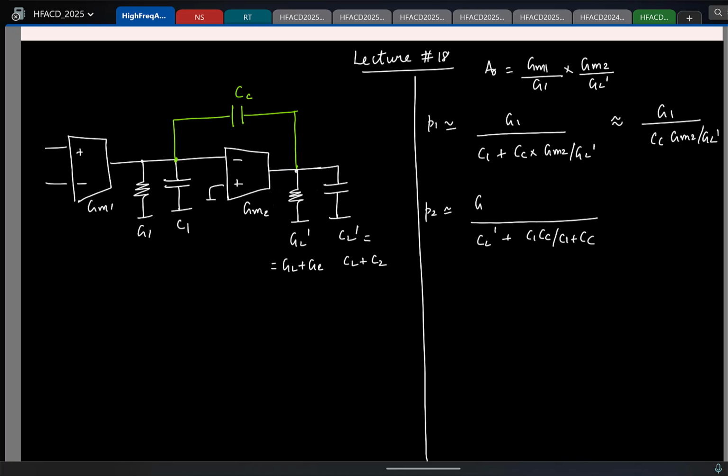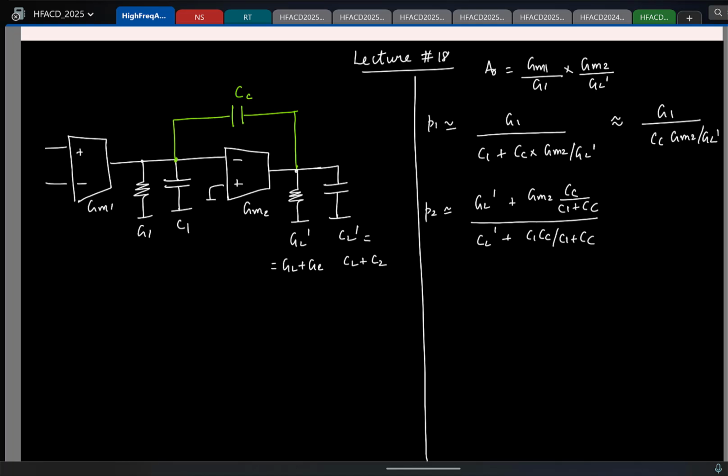So let's write that. And you have some factor of GM2 contributing to the real portion of the current. And what is that fraction of GM2? It is CC by C1 plus CC. Again, the way to remember is we apply some test voltage here. You see what fraction of it appears here. It is that factor of GM2 that contributes to the real conductance.